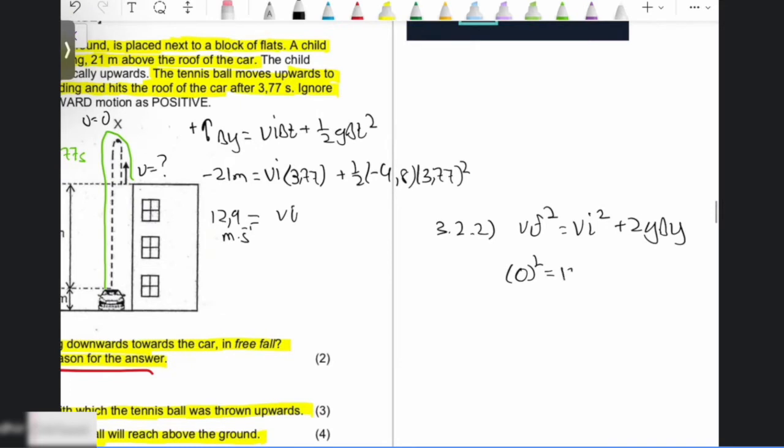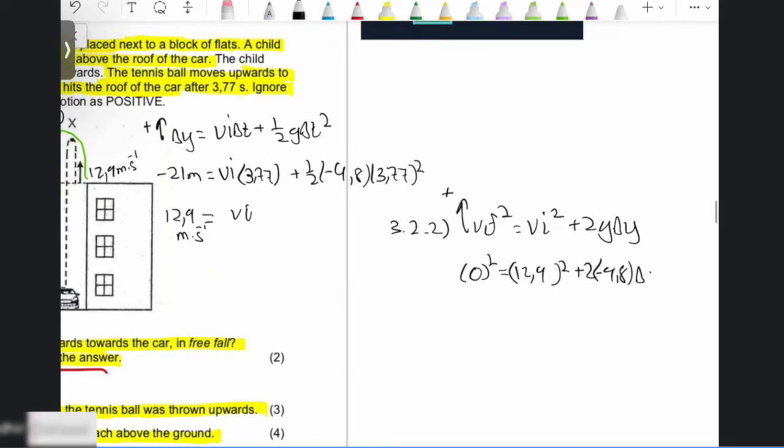Initial we now know is 12.9 squared. And if you're taking up as positive, this is 2 times minus 9.8 delta y. Once we solve for delta y, I'm getting 8.49.